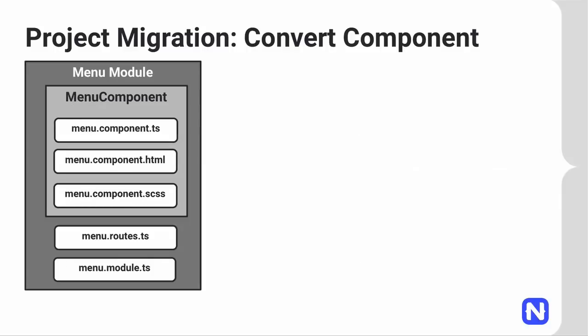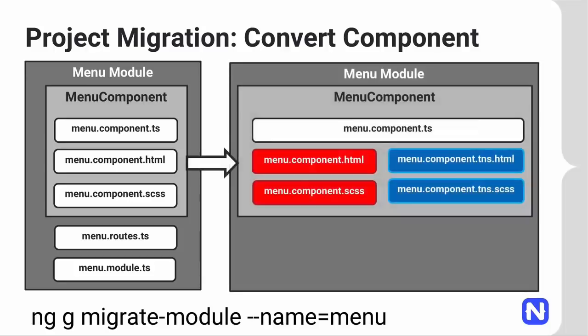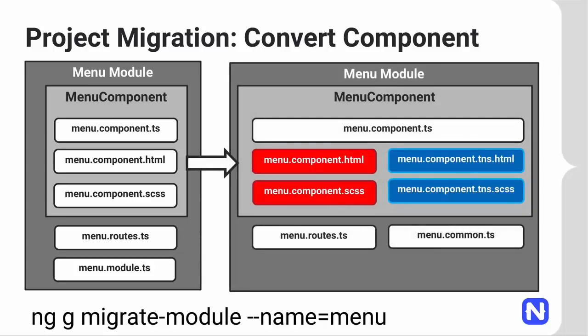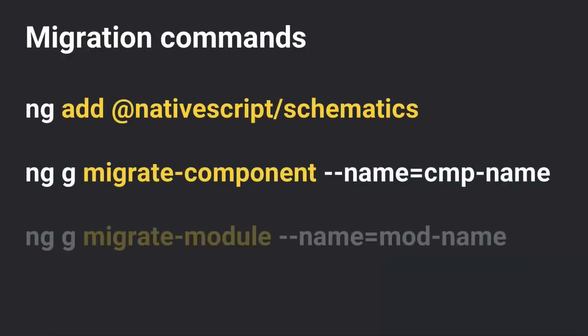Also, if you have a module that has multiple components, you could run something like ng g migrate module, give it a name, and then this would migrate each of your components first, and then the remaining bits of your module. So the whole idea is that to do the migration, we're looking at 3 commands.